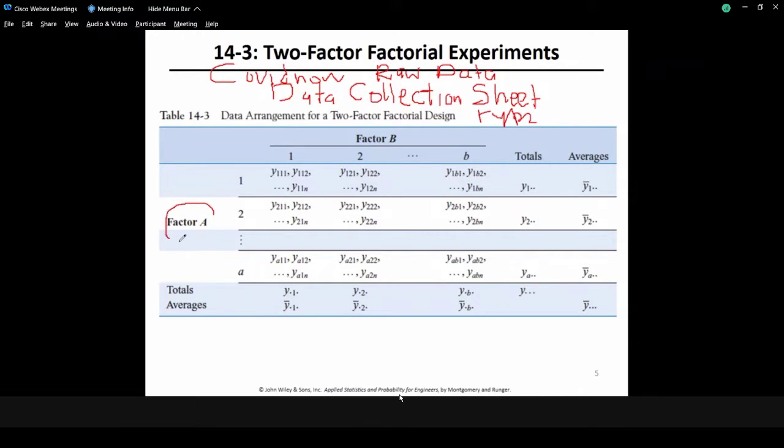This is factor A, with multiple levels, 1, 2, up to a levels, and factor B from 1 to b levels. These are replicates. For each cell, for example factor A at the first level and factor B also at the first level, you run n replicates, in order to provide precision in your experiment.